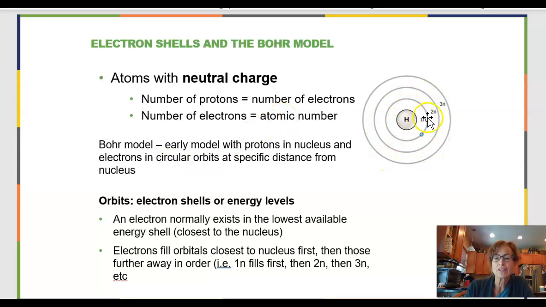It looks like a bullseye target, and it's useful in that it gives us an idea of where electrons could be found relative to the nucleus, how far away, and how many would be in these different areas that are energy levels, sometimes called energy shells.